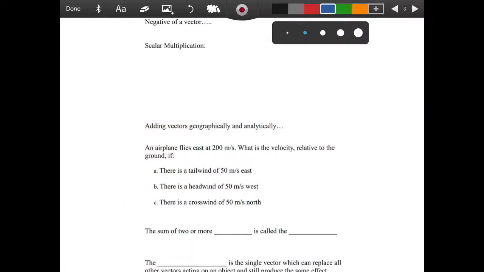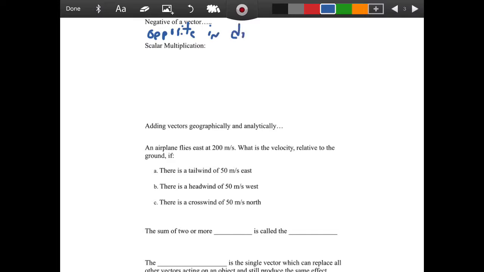Moving right along, the negative of a vector just means opposite in direction. So if I have vector A over here, negative A would be drawn like that. Same magnitude, same exact size, but opposite direction.